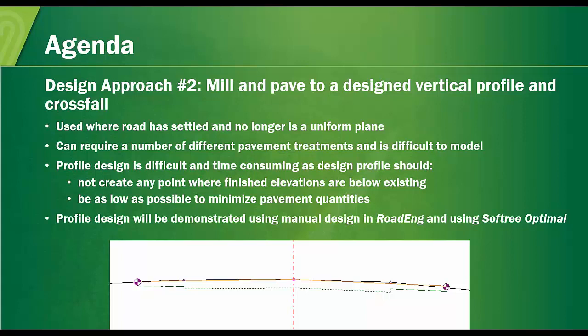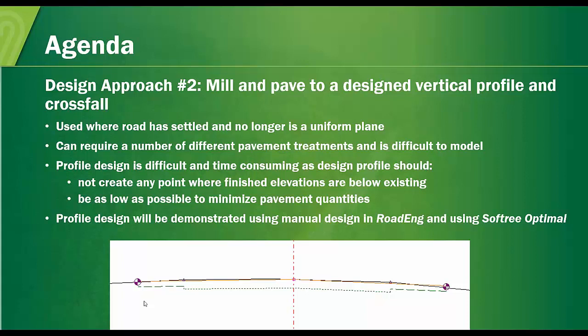And this is tricky because it can require a number of different pavement treatments depending on the elevation difference between your design pavement and your existing pavement. Those treatments can also be dispersed all throughout your project in different areas, so it's also pretty tricky to model. You can see this case in the section below, which shows the design pavement elevation in yellow and the existing in black.